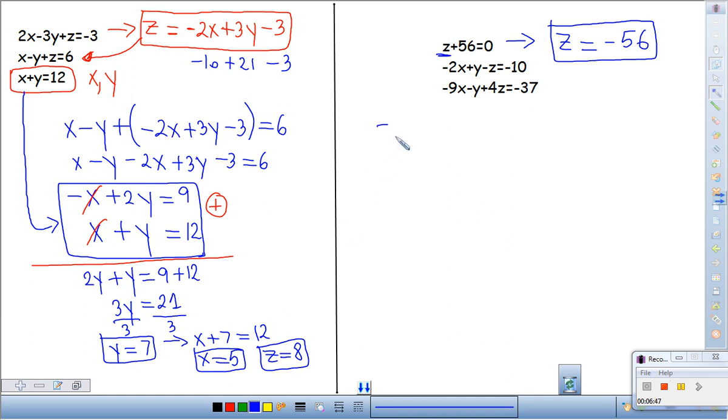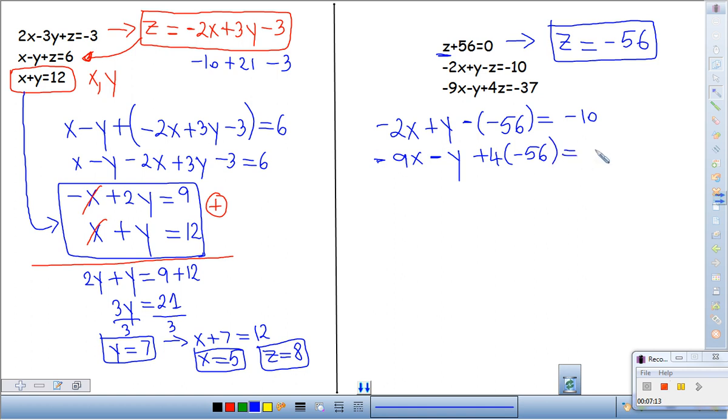We have negative 2x plus y minus negative 56 equals negative 10, and negative 9x minus y plus 4 times negative 56 equals negative 37.